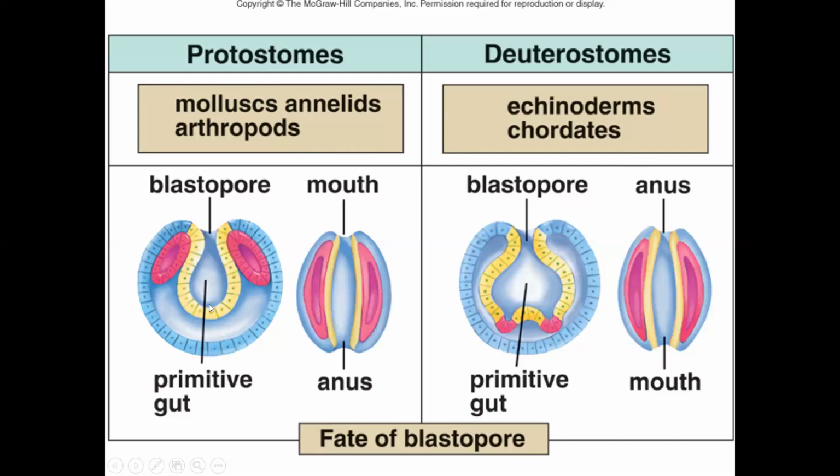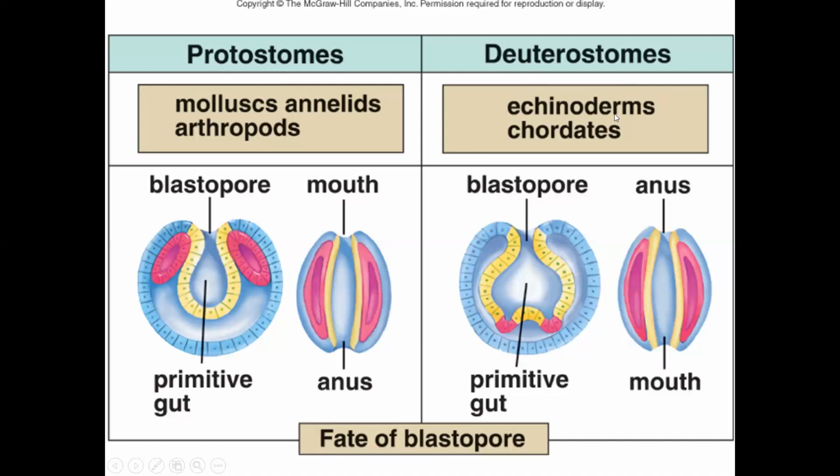And then the anus opening will develop later. In deuterostomes, the blastopore is going to become the anus instead, and the mouth will develop elsewhere later. Those organisms that have that happen are termed deuterostomes.